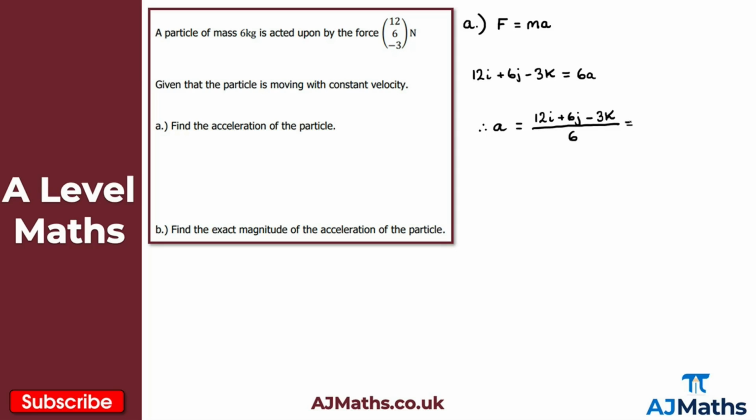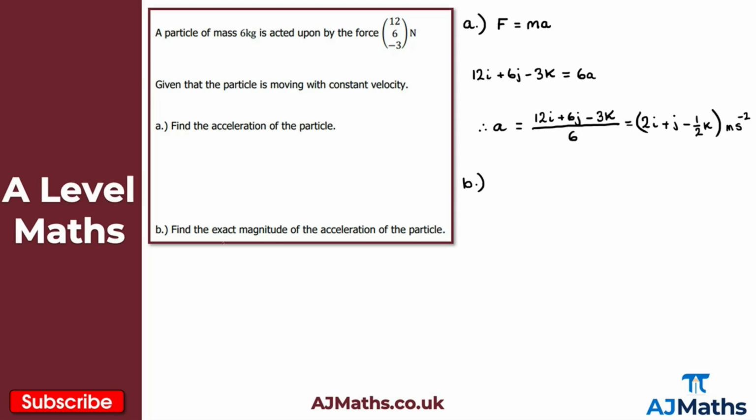If we simplify here, 12i over 6 would give me 2i. 6j over 6 would give me j. And then finally, minus 3k over 6, that would give me minus a half k. Because we're talking about the acceleration, don't forget the units, this would be meters per second squared. That's our solution to part A.